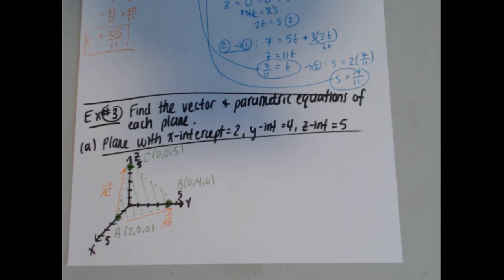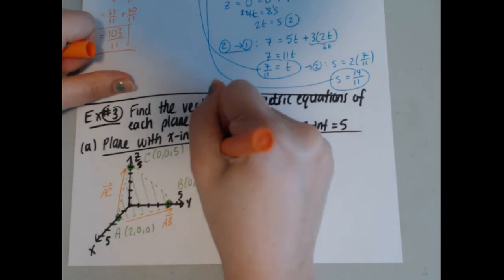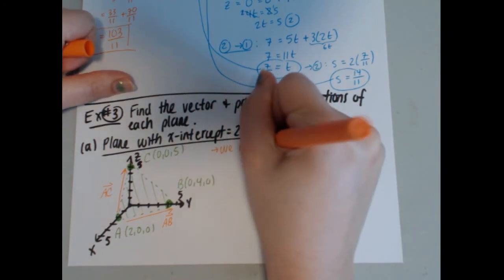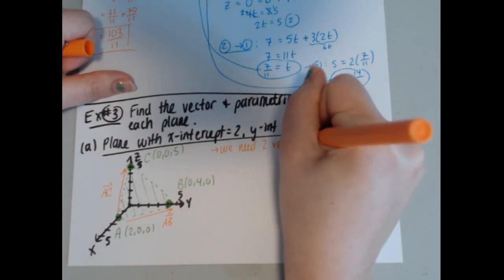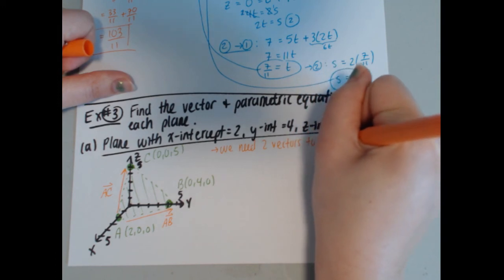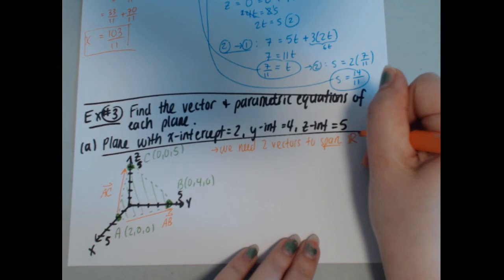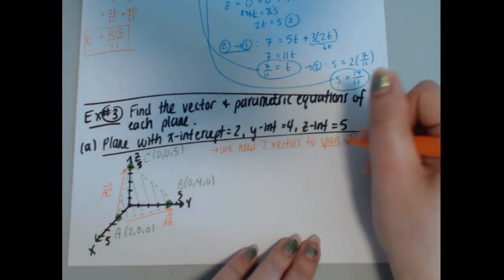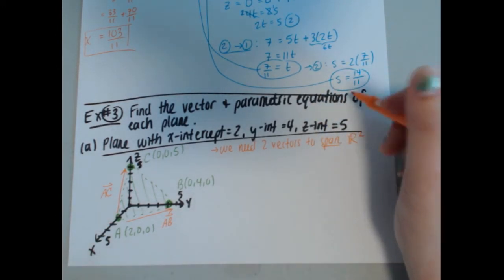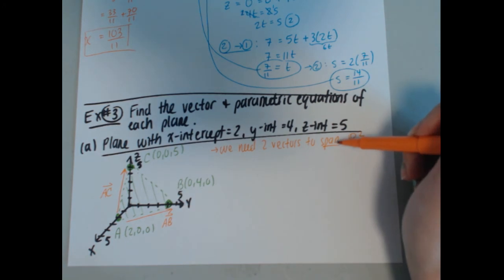Okay, so we need 2 vectors to span R2. They have to span 2-dimensional space. Now, I've used that word before in this lesson. Let me explain what that means. Span means it has to be able to reach every single point on that two-dimensional plane.